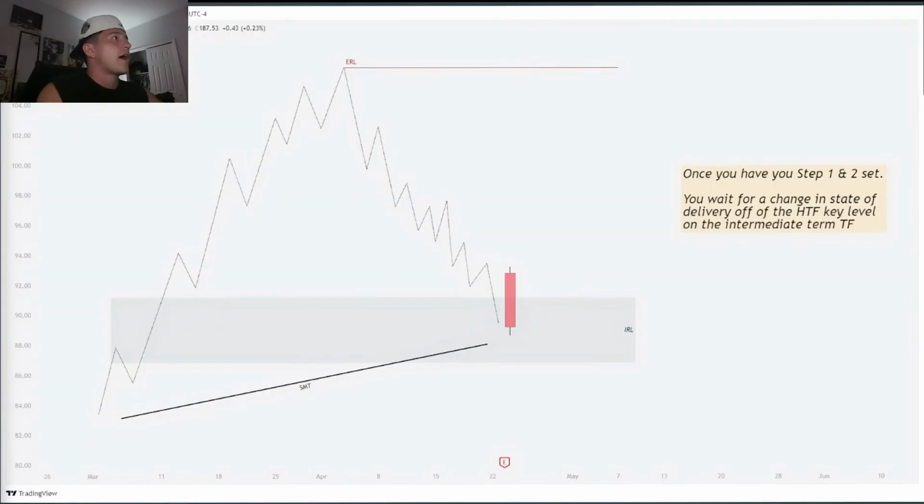So now we have step 1 and 2 set. Now all we have to do here is wait for a change in state of delivery off of that higher time frame key level on the intermediate term time frame. We're looking at the last down close candle that creates higher time frame SMT and tags that internal range liquidity pool.